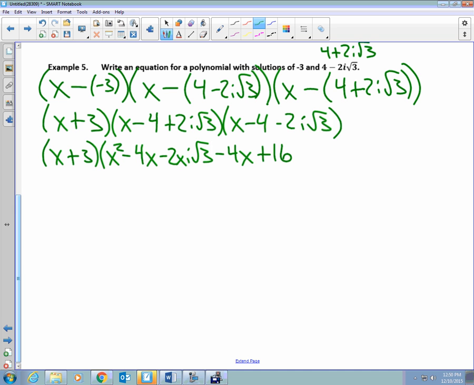And negative 4 times negative 2i root 3 is positive 8i root 3. We now move on to the 2i root 3. 2i root 3 times x is 2xi root 3, times negative 4 is negative 8i root 3. And then we have 2i root 3 times negative 2i root 3.